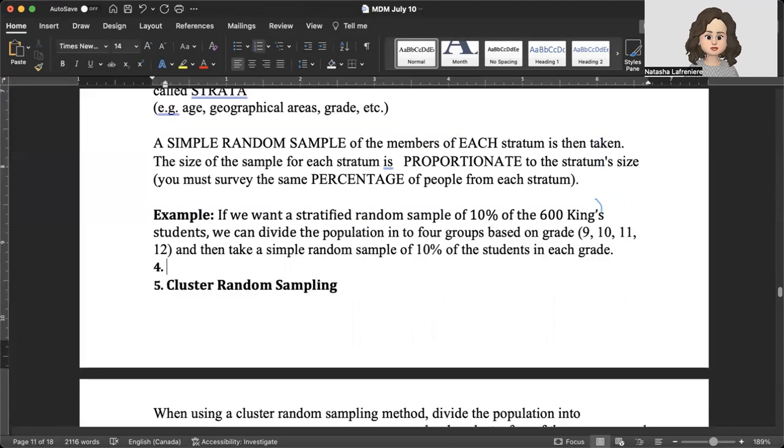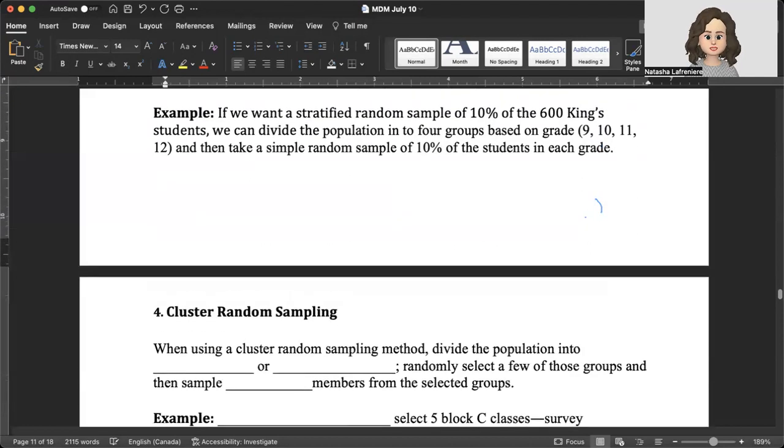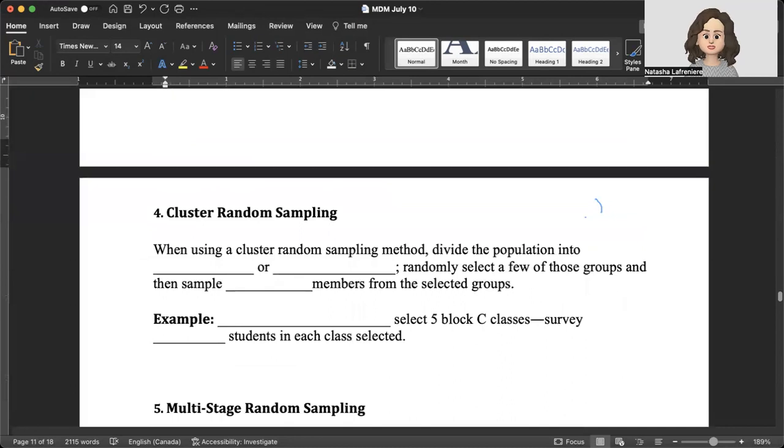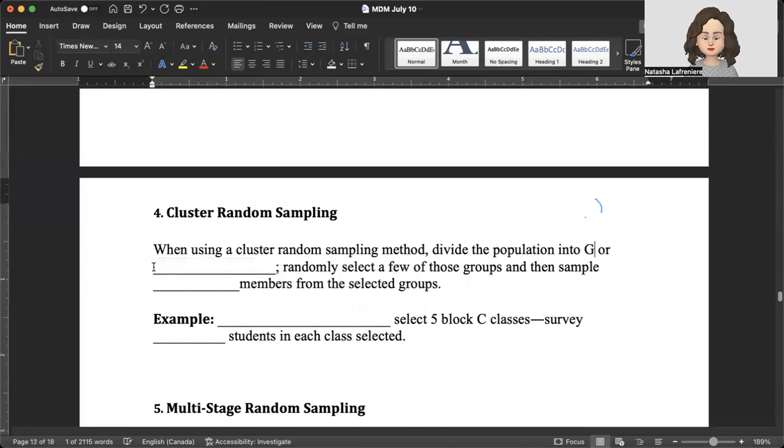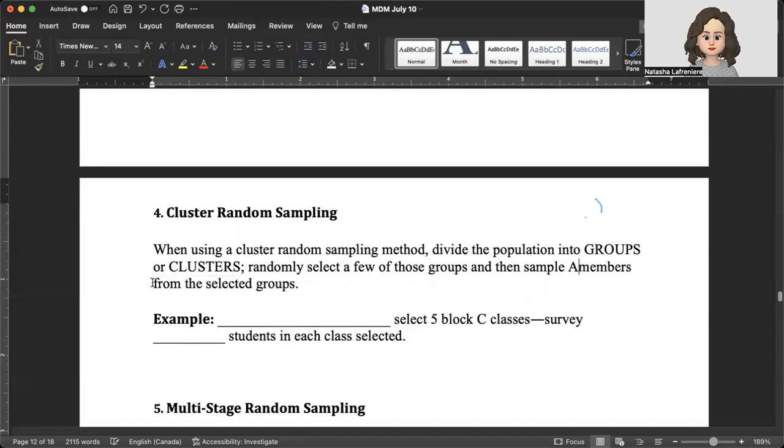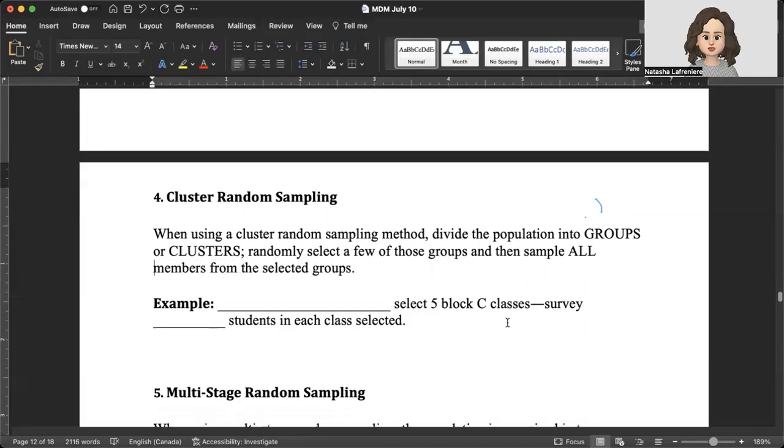We've also got the cluster random sampling. So when using a cluster random sampling method, divide the population into groups or clusters. Randomly select a few of those groups and then sample all members from the selected group.